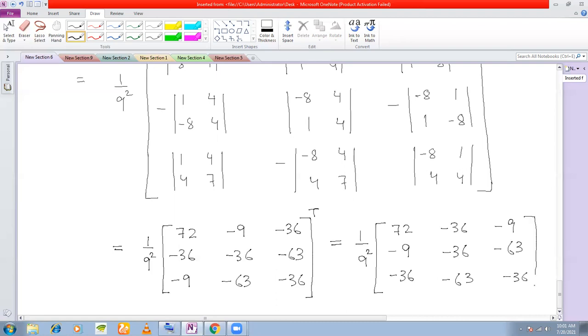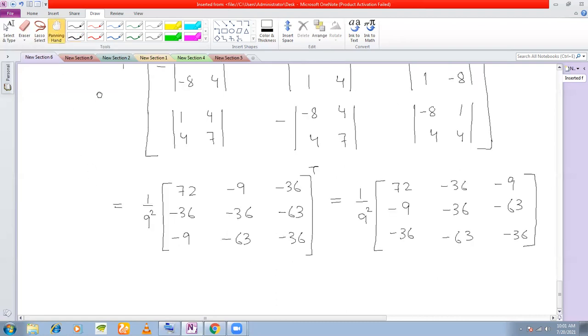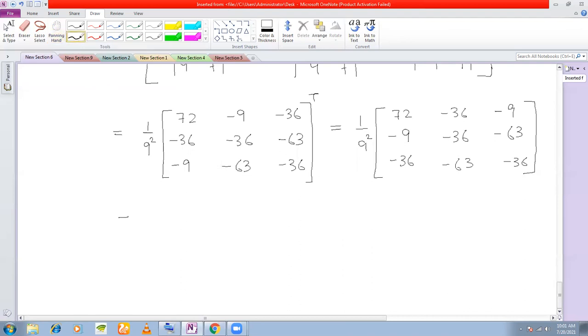What you also see is that from this matrix, all the elements of the matrix have one factor in common. What is that factor? It is 9. So you can take out the factor 9. So what are you left with? You're left with 8, minus 4, minus 1, minus 1, minus 4, 8, minus 4, minus 7, minus 4.